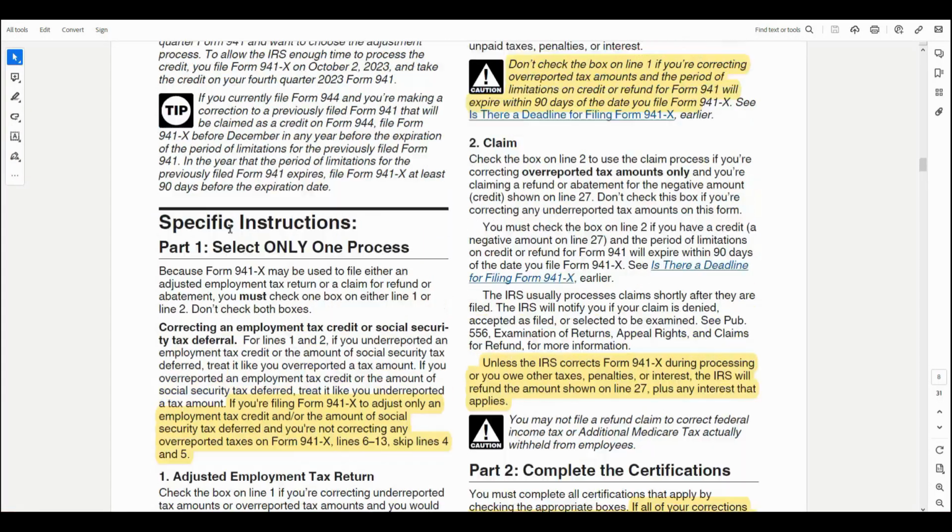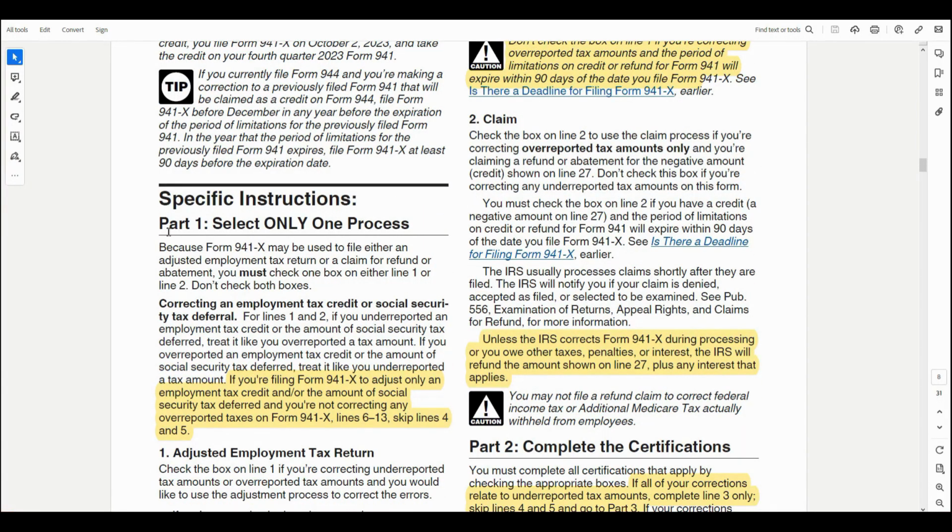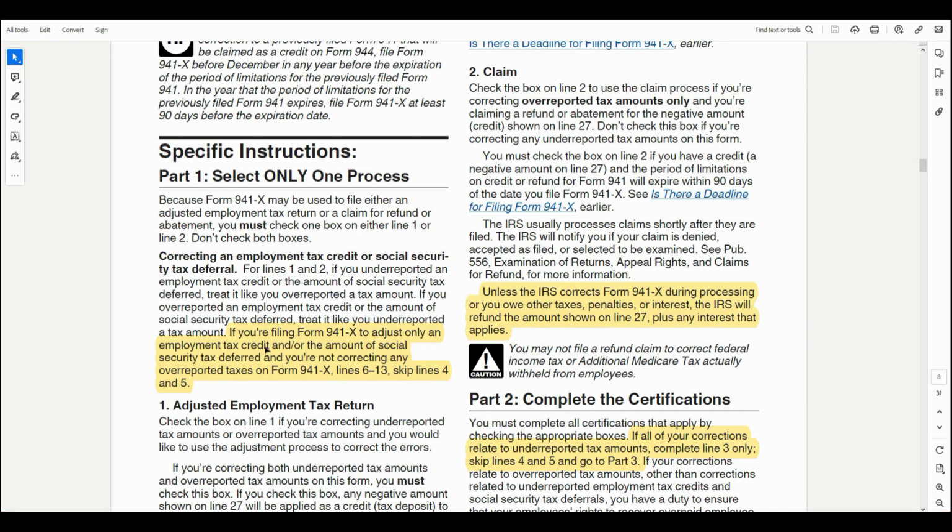So here, this is what we want to look at. So we're in part one. Okay, select only one process. Okay, and so I highlighted here so we can take a closer look at that. Okay, and it says if you're filing Form 941X to adjust only an employment tax credit, that's what we're doing, employment tax credit. Okay.